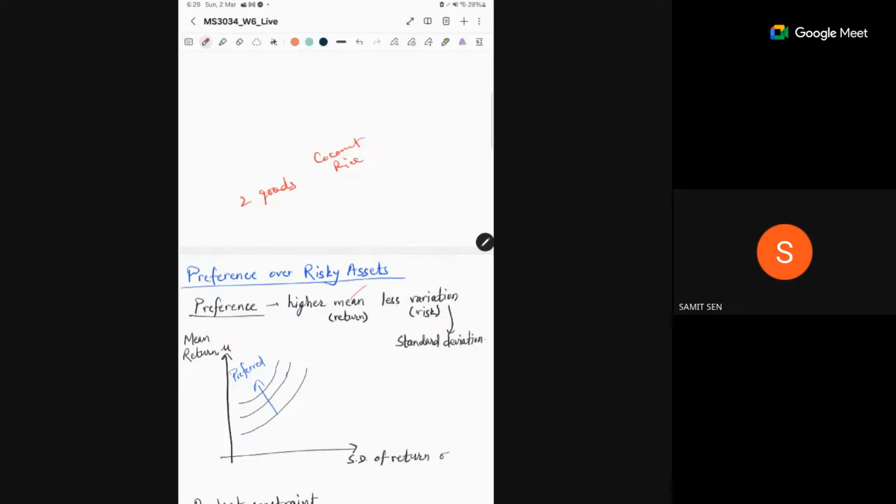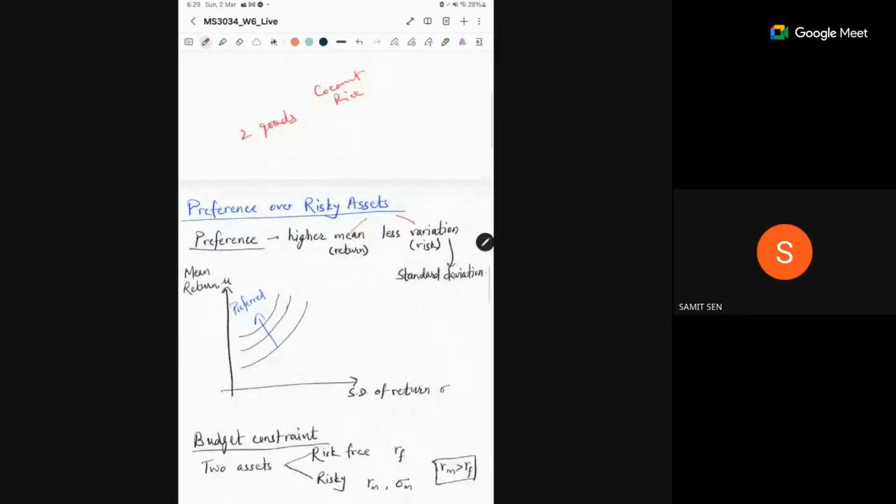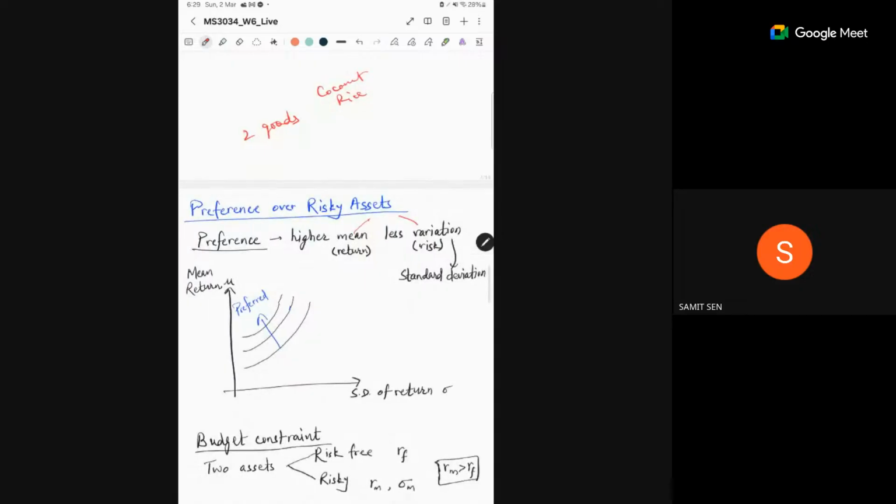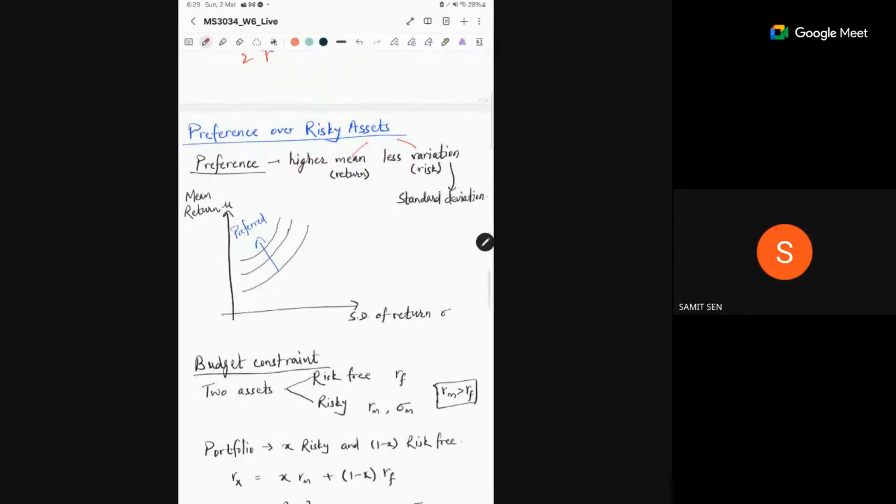You prefer the mean, but you like less of variation. So in that case, your utility function or the indifference curves would be such that, earlier the utility functions were of this form, downward sloping, but in this case your utility functions will be upward sloping.